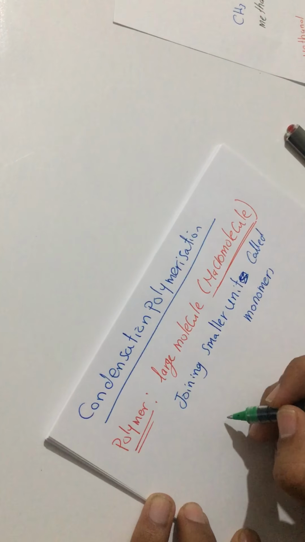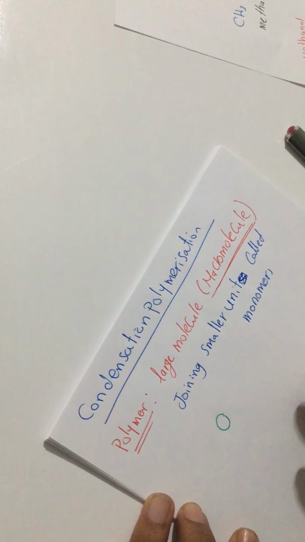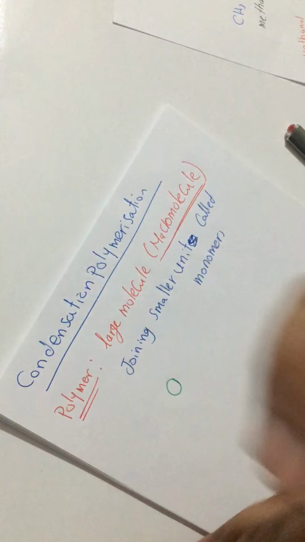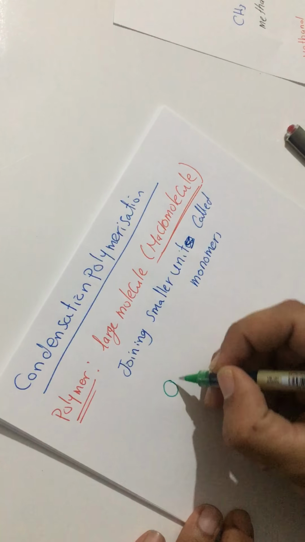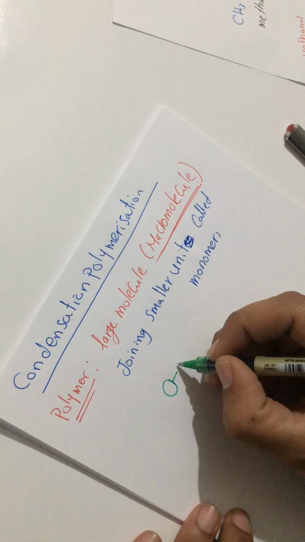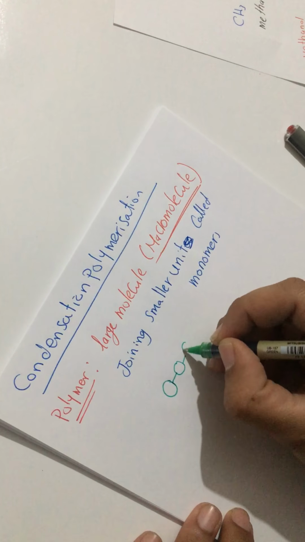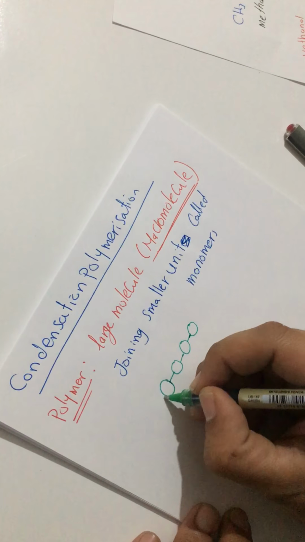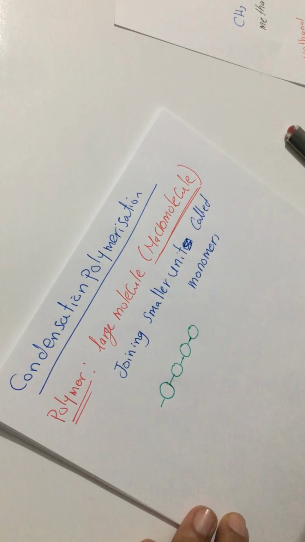Like the beads, if I want to have beads, like the bracelets that we used to wear, I'm going to bring one bead and join it with another bead and join it with another bead and so on until we have a larger structure from these smaller units.